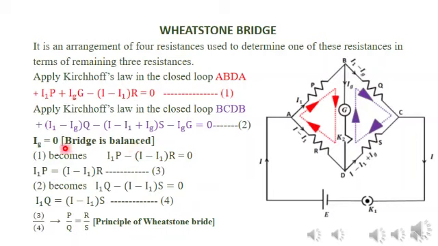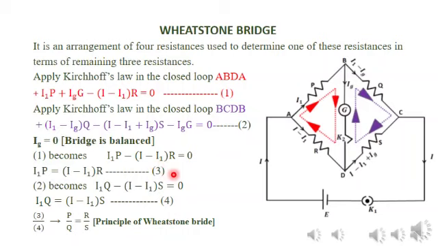After putting Ig equals 0 in equation 1, it becomes I1P minus, inside the bracket, I minus I1 into R equals 0. After taking the second term to the right side, the equation becomes I1P equals, inside the bracket, I minus I1 into R. This we call equation number 3.